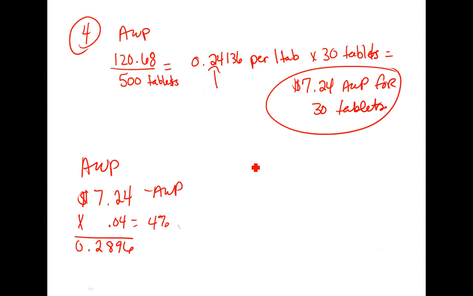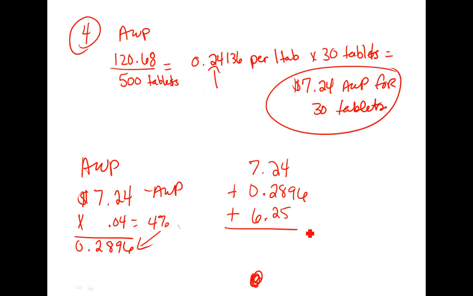And then you're going to take your $7.24. You're going to add your 4%, which is 0.2896. Then you're also going to add, it says to add a $6.25 prescription dispensing fee. So it'd be $6.25.